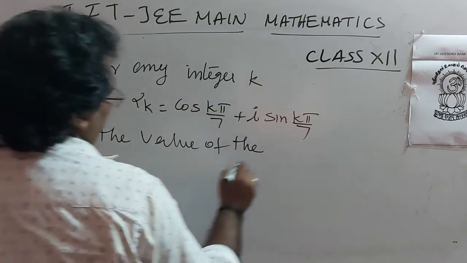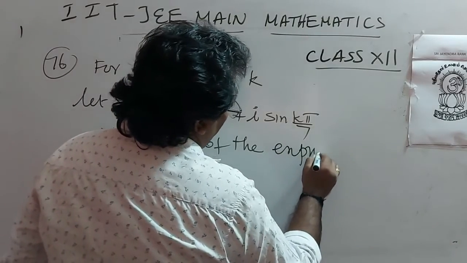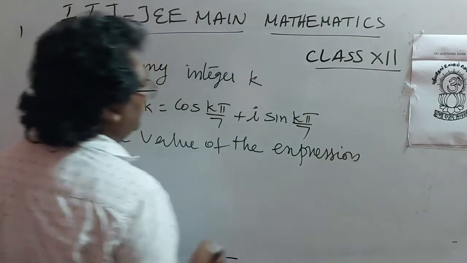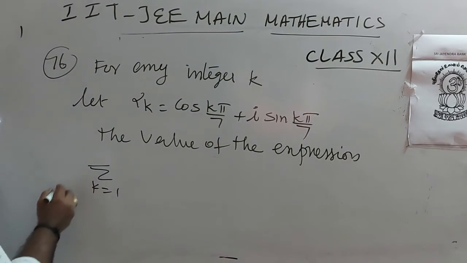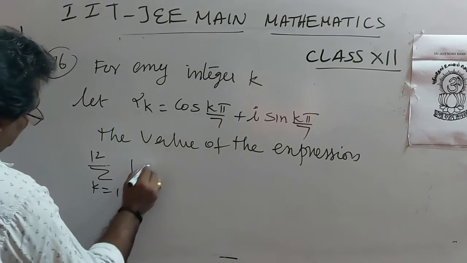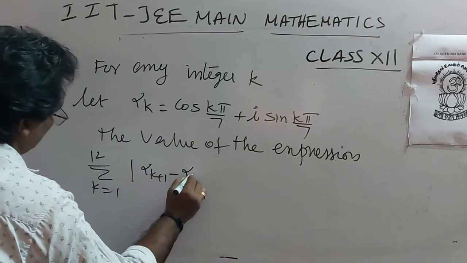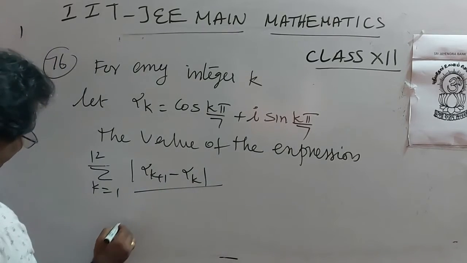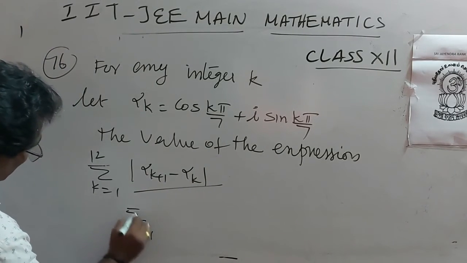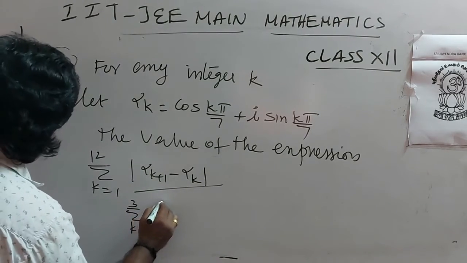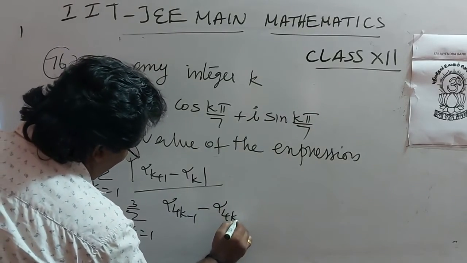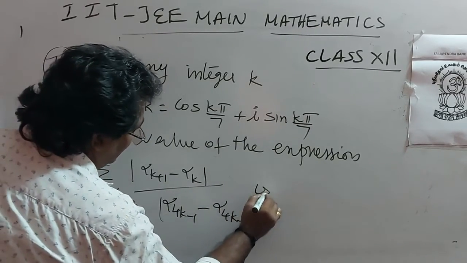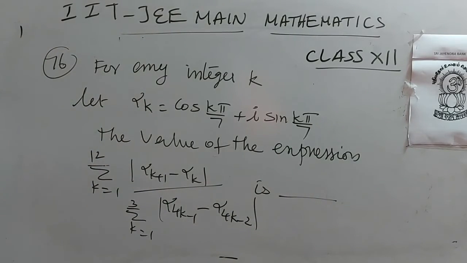The value of the expression, summation k equal to 1 to 12 of |alpha k+1 − alpha k|, divided by summation k equal to 1 to 3 of |alpha 4k−1 − alpha 4k−2|, is. This is also a numerical type question.